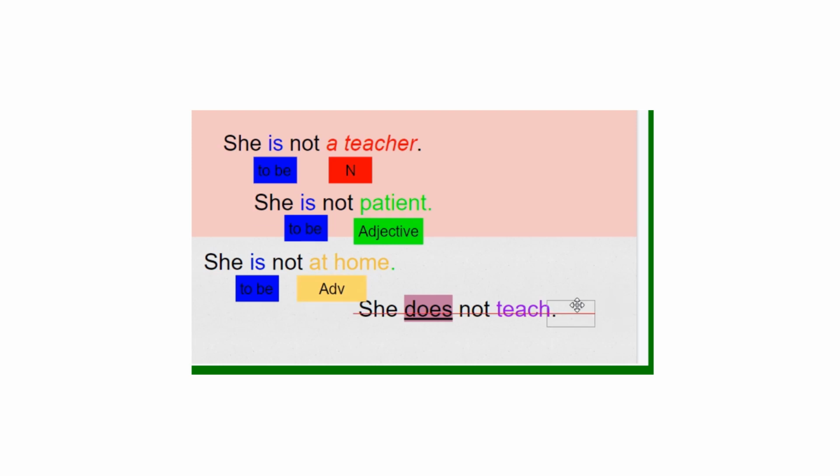Betul sekali, teach di sini adalah kata kerja, dan ketika berbentuk negatif, kita akan membutuhkan do atau does. Kita menggunakan does karena subjeknya adalah she. Seandainya kalimat ini saya ubah menjadi I, maka akan menjadi I do not teach.